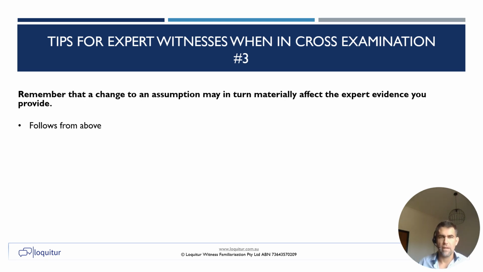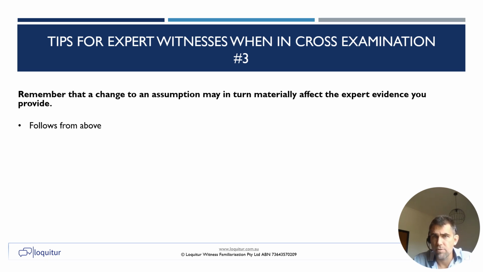So the third tip, and indeed following on from the above, is to think about how a change to an assumption in your report and on which your evidence is based may affect the evidence that you provide. You should, as part of your report and indeed as part of your cross-examination, consider any obvious alternatives.